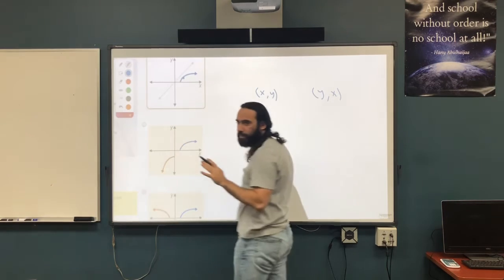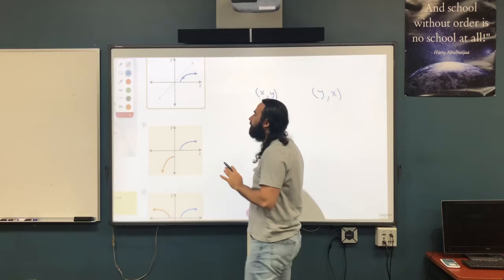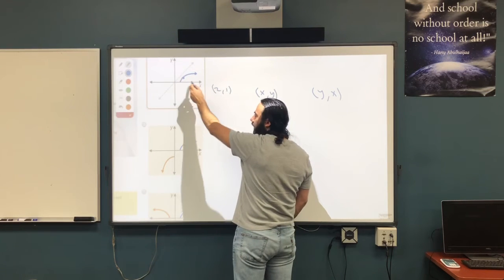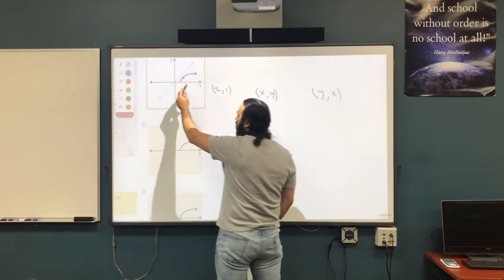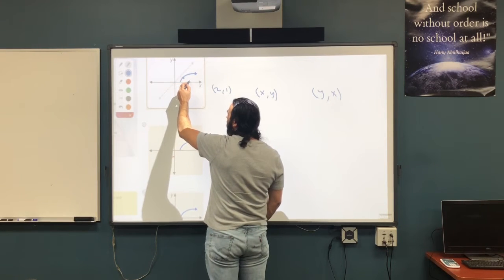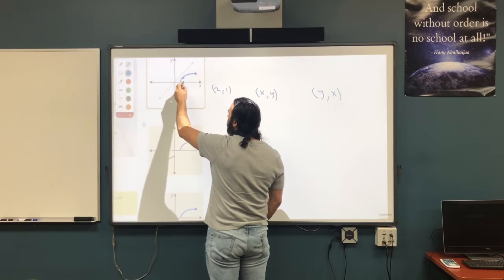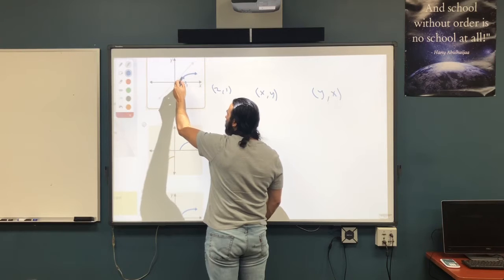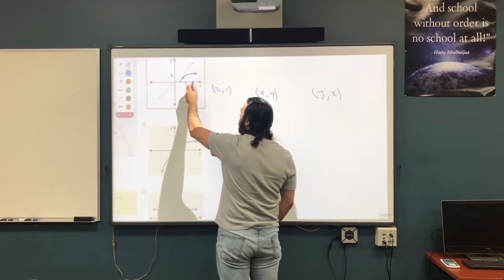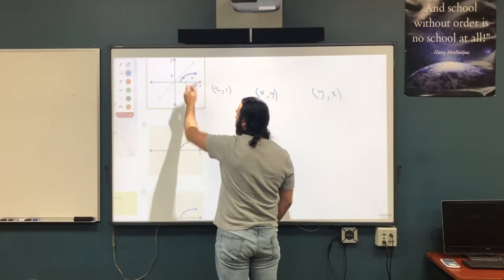Just for example, I'm not saying it's (1, 2), but for example, (1, 2). So (2, 1) should be on the graph. So 2 on the x-axis will be here, and 1 here. We said this one is (1, 2), so (2, 1) is going to be here.